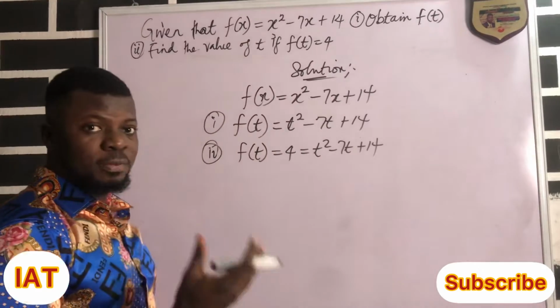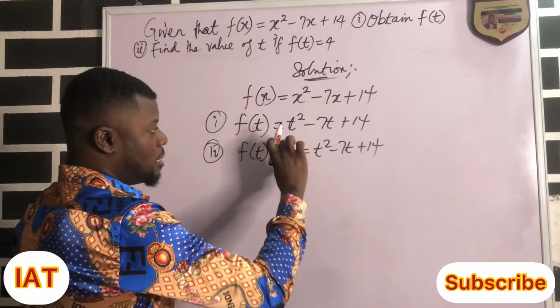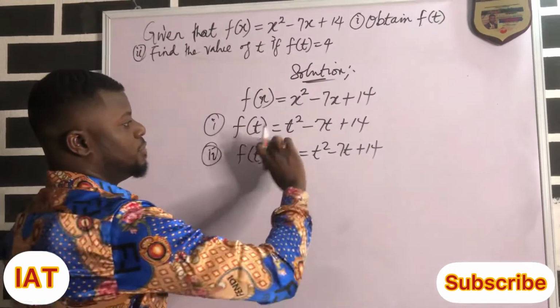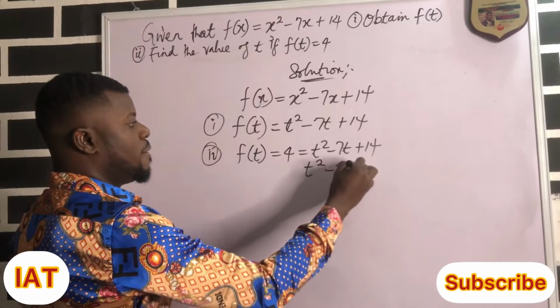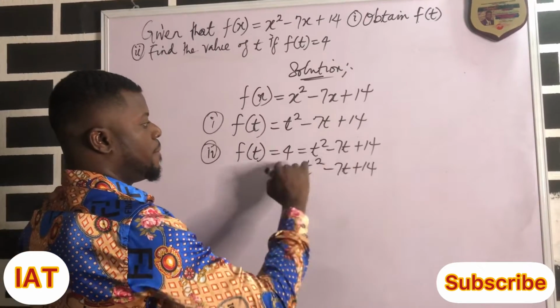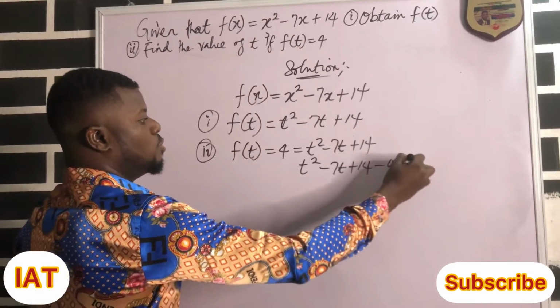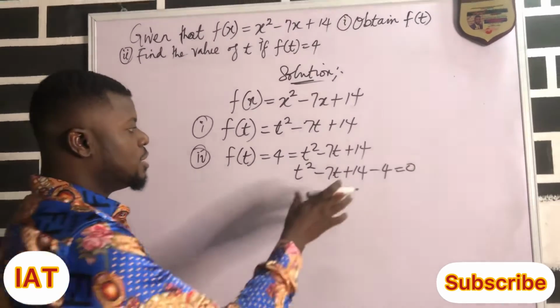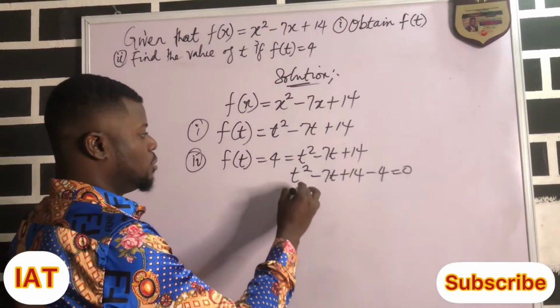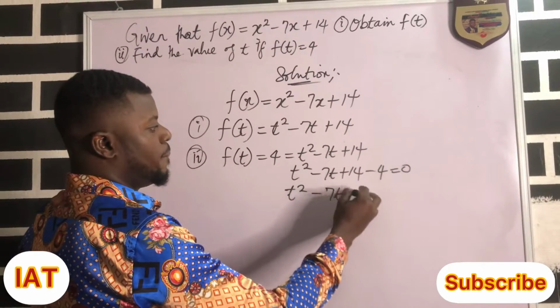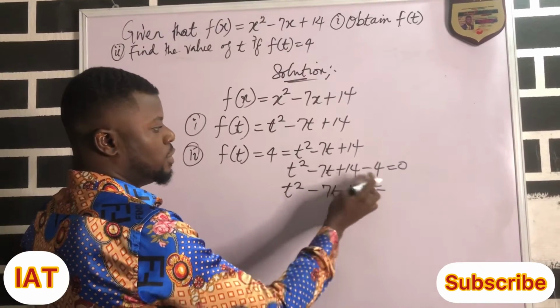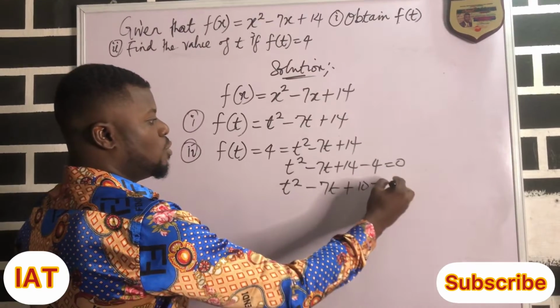At this point, we're going to take this 4 to the right hand side, so that we have t squared minus 7t plus 14 minus 4 equals 0. So the next thing we're going to do is to balance this expression by saying t squared minus 7t plus 10, since 14 minus 4 is 10, equal to 0.